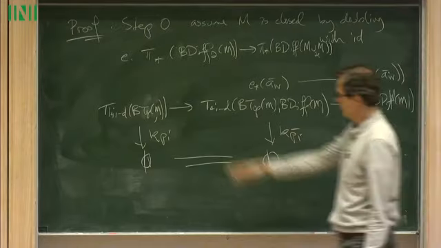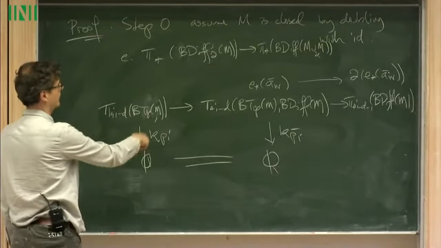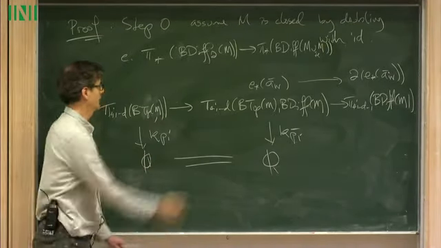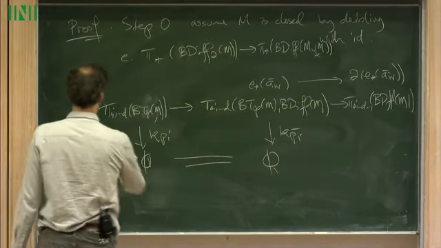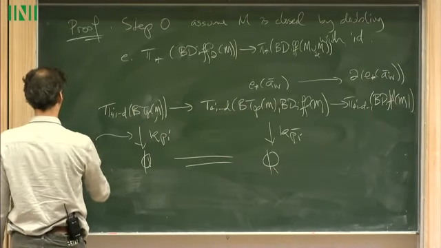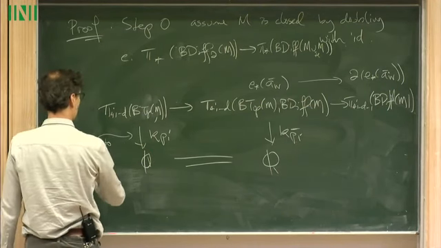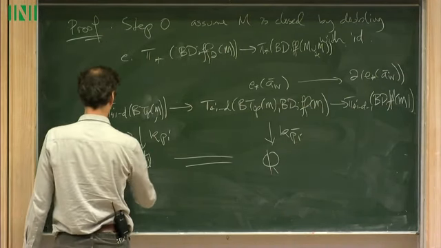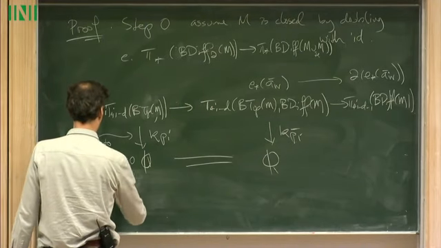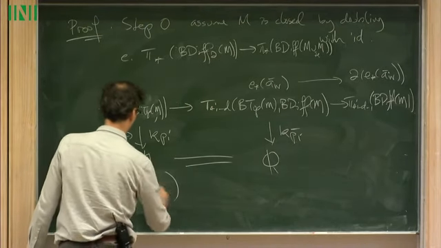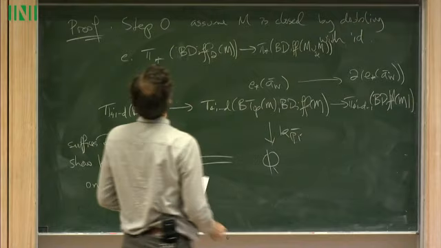So it suffices to show that this is zero. If this thing is zero, then every possible lift will have the same value here, okay? So it suffices to show kappa Pi equals 0 on this homotopy group. Right.